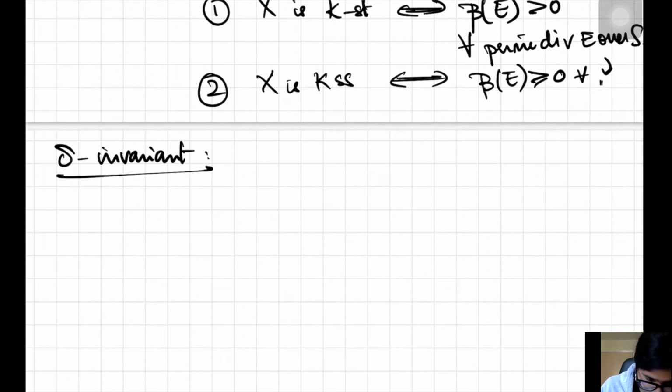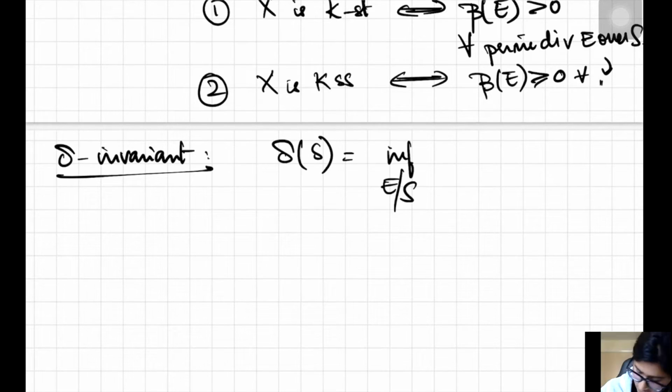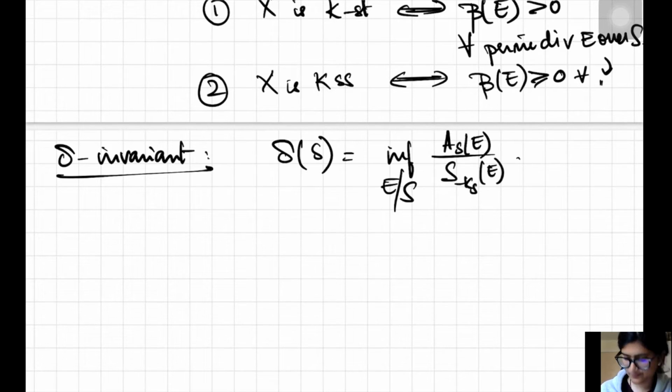So this is one invariant, and the other one that we will be using is the delta invariant, which is defined by, so delta of S is given by the infimum taken over all the prime divisors E over S of the quotient of the log discrepancy by S. And why do we care again about this?